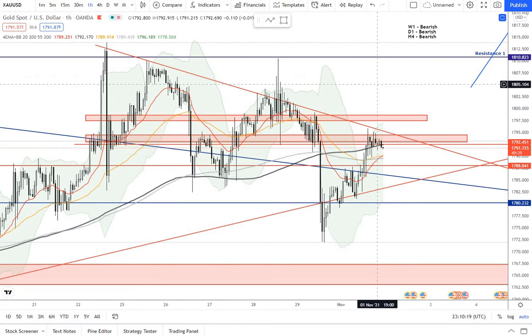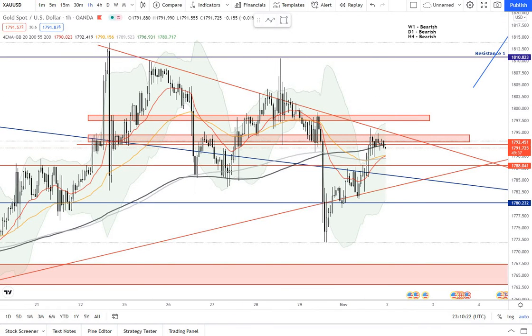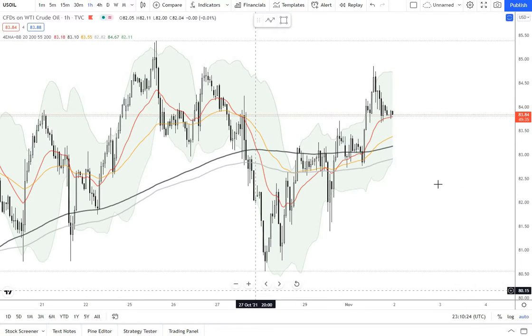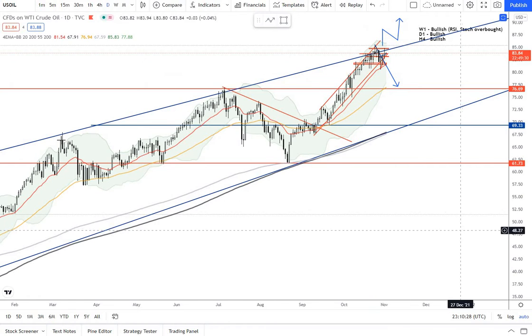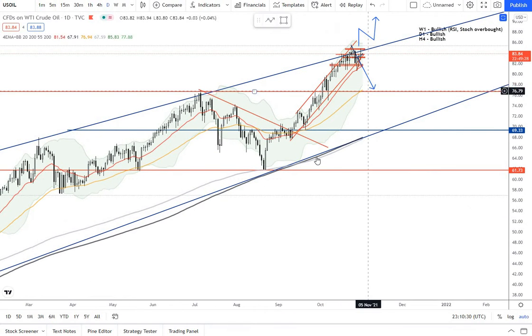I would see. Okay, let's take a look at oil. Oil is a bit messy as well because I've been doing very short term. But looking at the long term, right, we all know that it's very bullish.